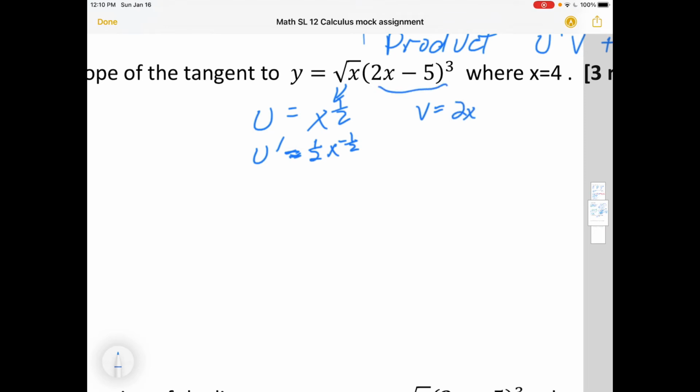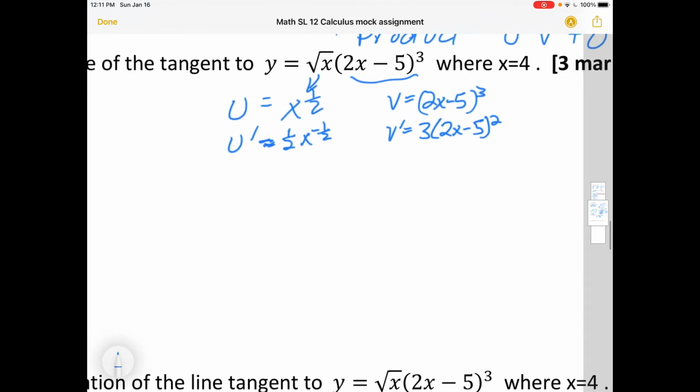So it's 2x minus 5 all cubed. So v prime is going to be, it's a glob cubed. So it'll become 3 glob, or inner part, to the squared, times the derivative of the inner, which is 2. Got ahead of myself. I'm multiplying, and then I get 6.